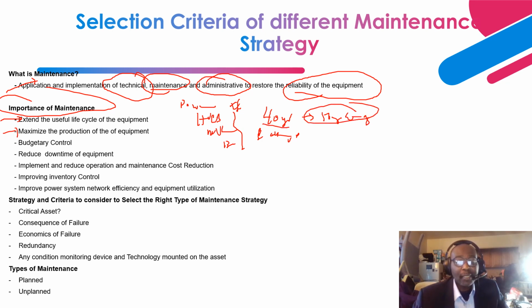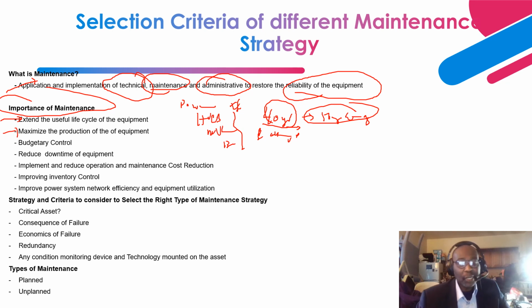If the manufacturer estimates the useful life cycle of this equipment to be 40 years, then by implementing the required maintenance strategies, we are trying to at least reach 40 years as a minimum. And after 40 years, we could add some additional years, based on how successful or how rigorous our maintenance strategies are.